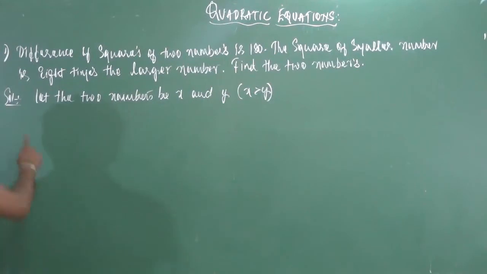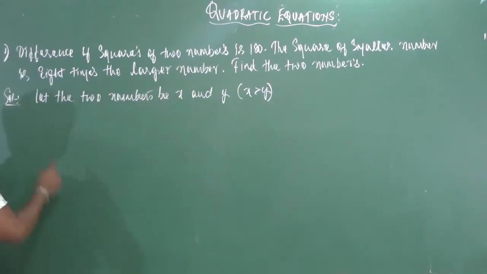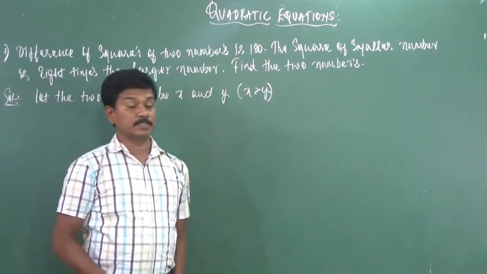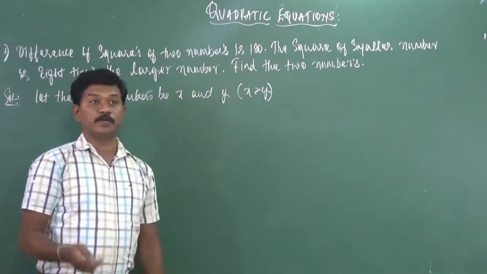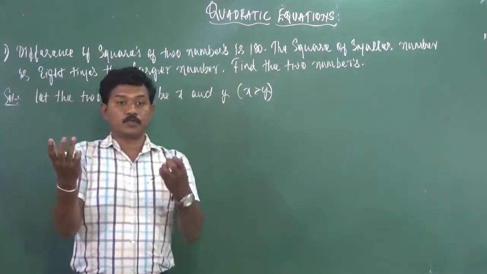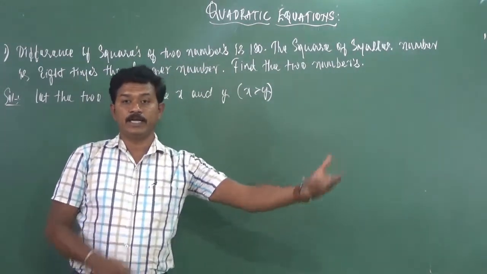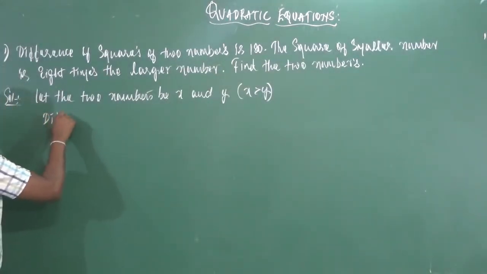Now, the difference of squares of two numbers is 180. It is not just the difference of numbers, it is the difference of squares of two numbers. So we have to square x, square y, and take the difference. Then it will be equal to 180.